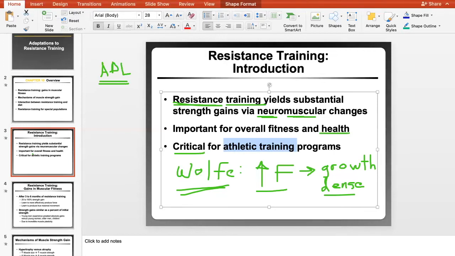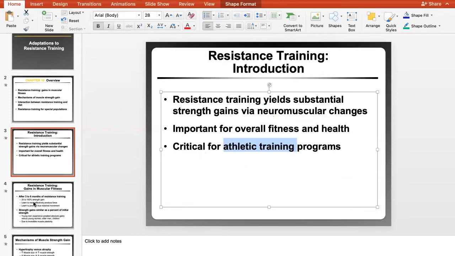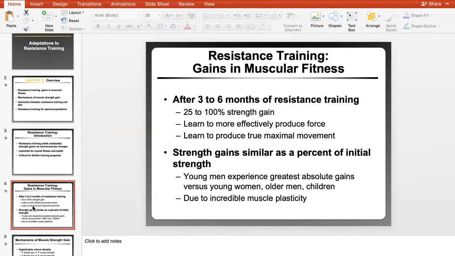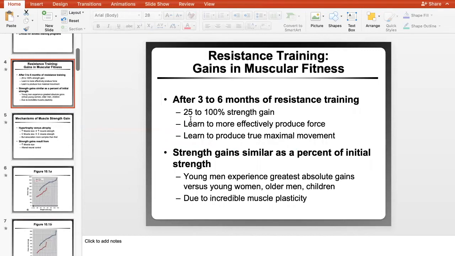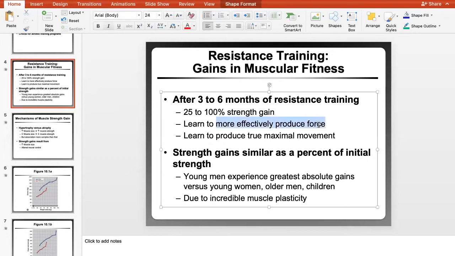Now, with resistance training, the gains or the changes in muscular fitness are pretty quick. Notice about a 25% improvement in strength gain relatively quickly. A lot of these increases in strength are because they're more effective at producing the force. That means their technique is improving.